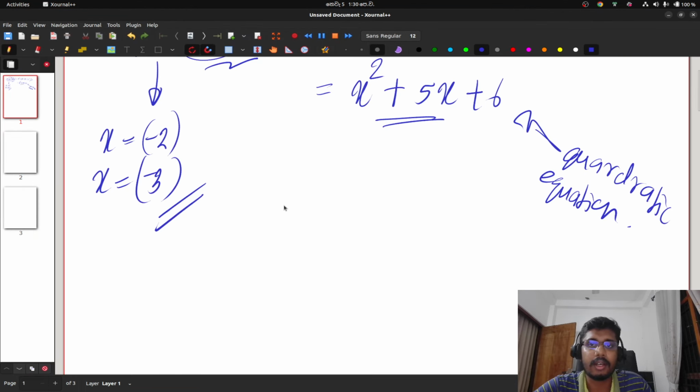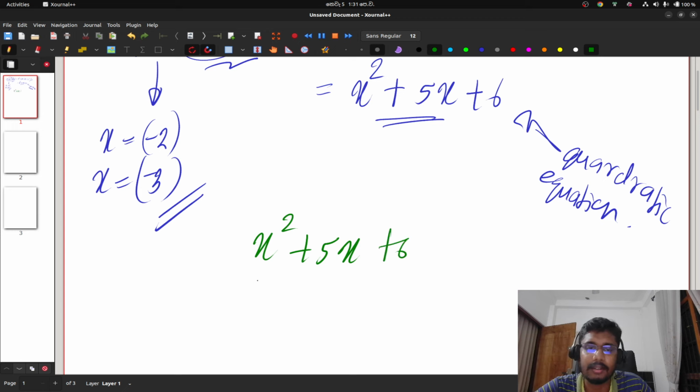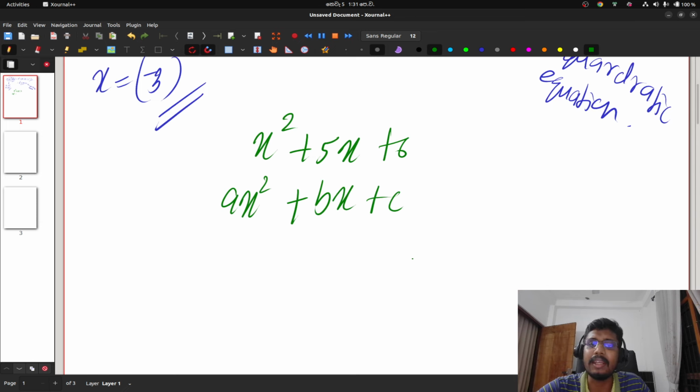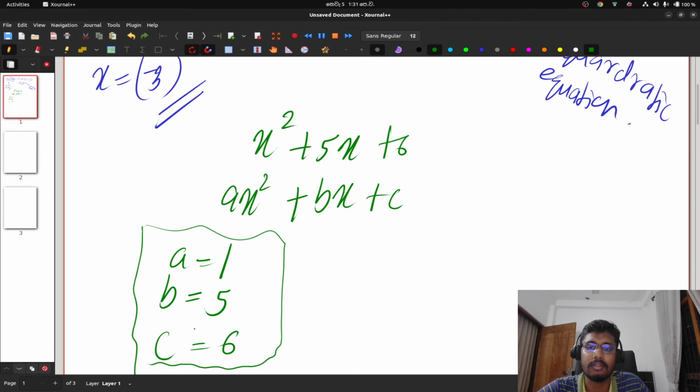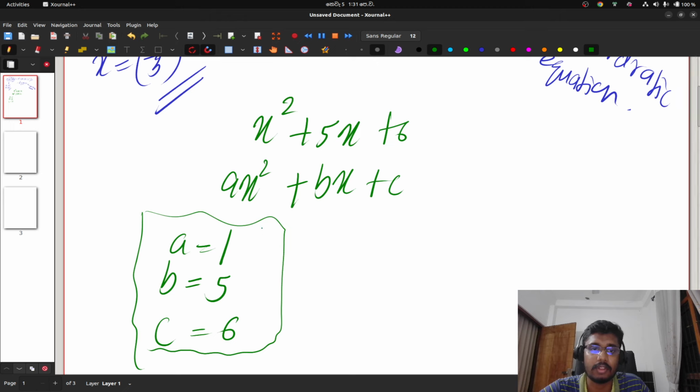Now if I take this equation here again, x squared plus 5x plus 6, we can see that this has the form of ax squared plus bx plus c. Now what I mean by that is simply a is equal to 1, b is equal to 5, and c is equal to 6. Now if you know a, b, and c, that's a standard equation that will give you the roots of the quadratic equation.